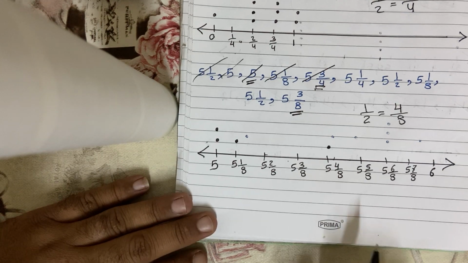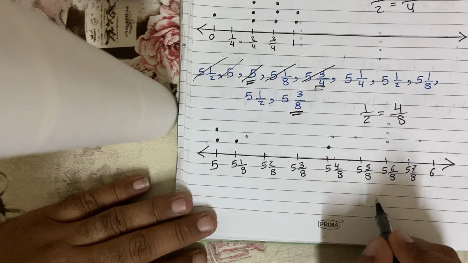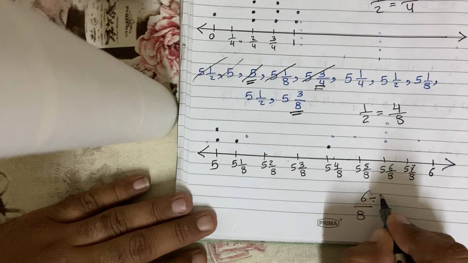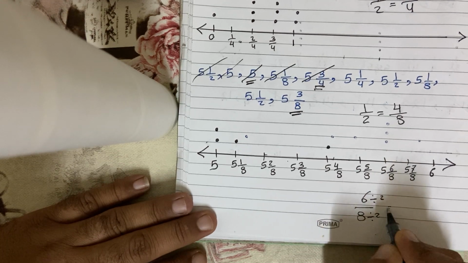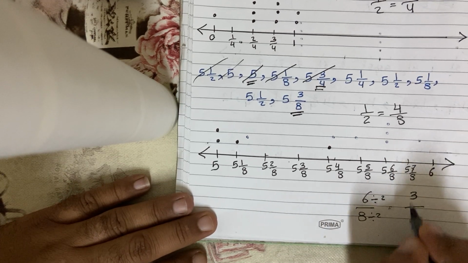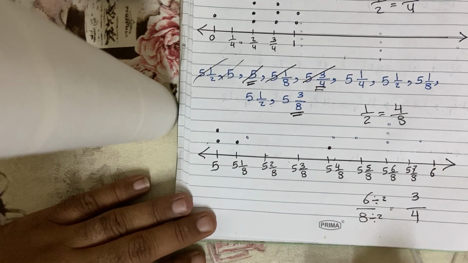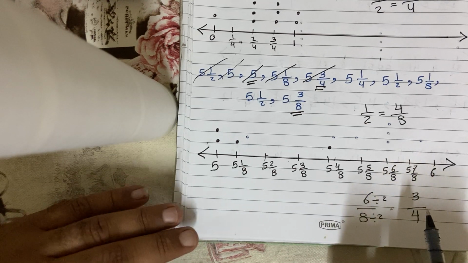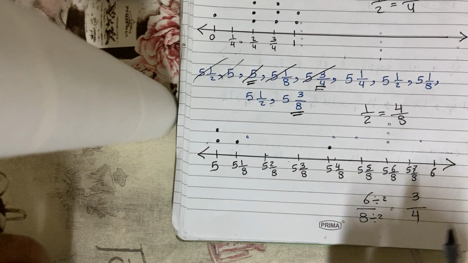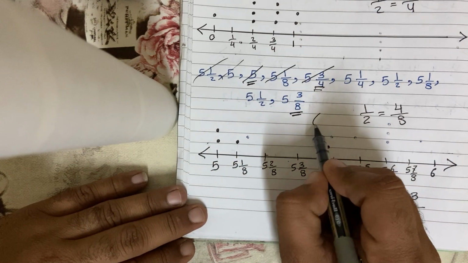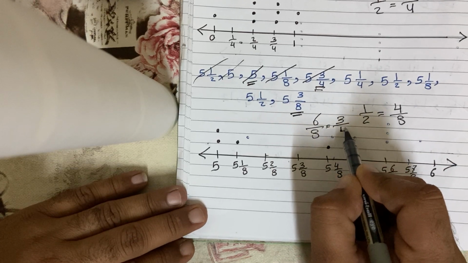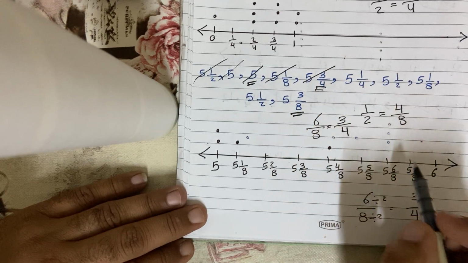Let's simplify 6 over 8. Divide both of them by 2. 6 divided by 2 is 3. 8 divided by 2 is 4. So 5 and 6 over 8 is like 5 and 3/4. 6 over 8 is the same as 3/4. 5 and 3/4 here.